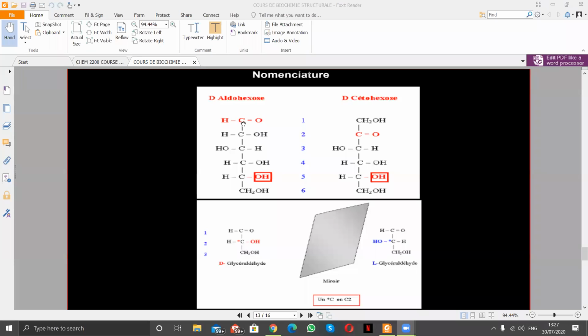Then here, what determines this, I said earlier on, you need to look at a carbon asymmetric. You come here. Is its carbon carrying 4 different constituents? You verify. It's different, it's different, it's different, it's not different. It's the same with this one. You see? You come here.